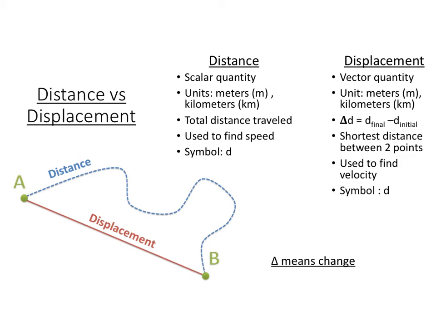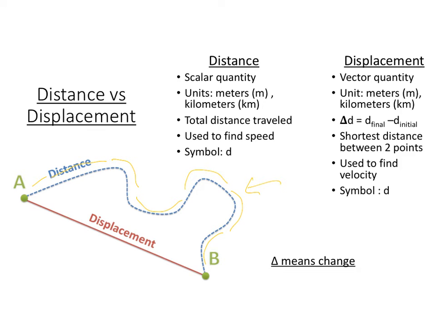If you look at this little diagram down here, you see that distance is adding up all these little distances that are traveled from beginning to end. So you're going to add all of these segments up. There's no direction, so there's no positive or negative to mess you up. You just literally add them all together.